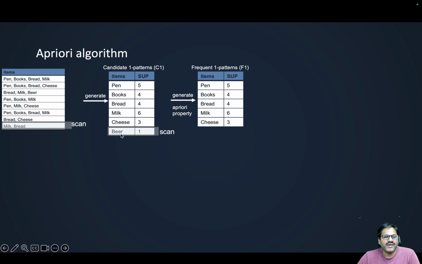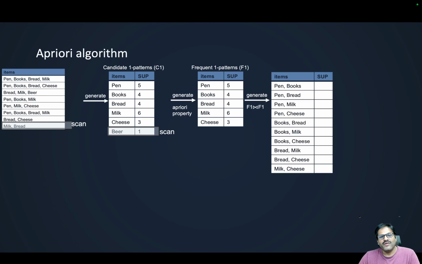If we observe here, bread has failed to satisfy the minimum support equivalent to 3. So we pruned this item from the generation of frequent one length patterns. Next, we perform the join on frequent one patterns and generate candidate 2 patterns.